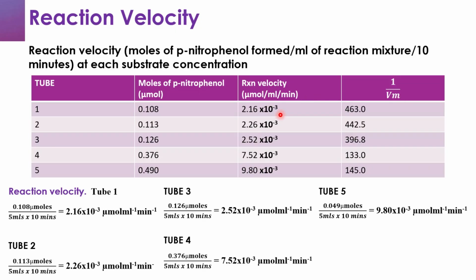So to do this, we just make it 1 divided by the reaction velocity; here we will get 463. 1 divided by this, we will get 442.5, and 1 divided by this, we will get this, and 1 divided by this, we also get this, and 1 divided by this, we also get this. So this is just a table showing the moles of p-nitrophenol hydrolyzed and the reaction velocity for each of the reactions, and the inverse, or the 1 over V, of each of the reaction velocities.